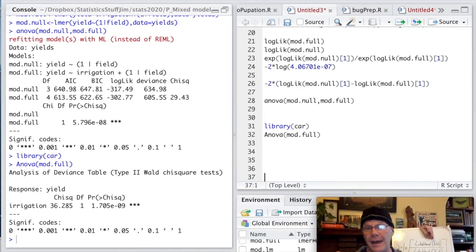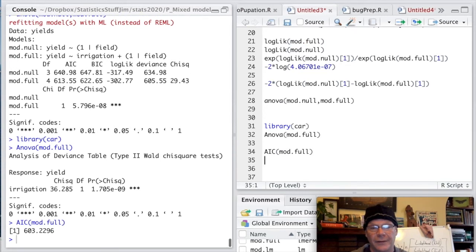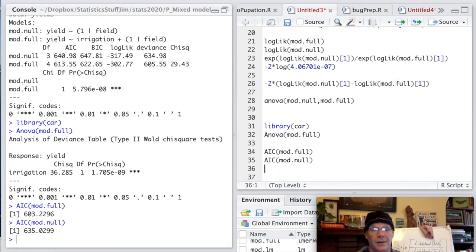Oh, and I'll also say that there would be nothing wrong with, is it capital AIC or lowercase AIC? Oh, yeah, it is. There would actually be nothing wrong with just using AIC to compare the two models. Here we see that the full model has a lower AIC score, so it's the better model.